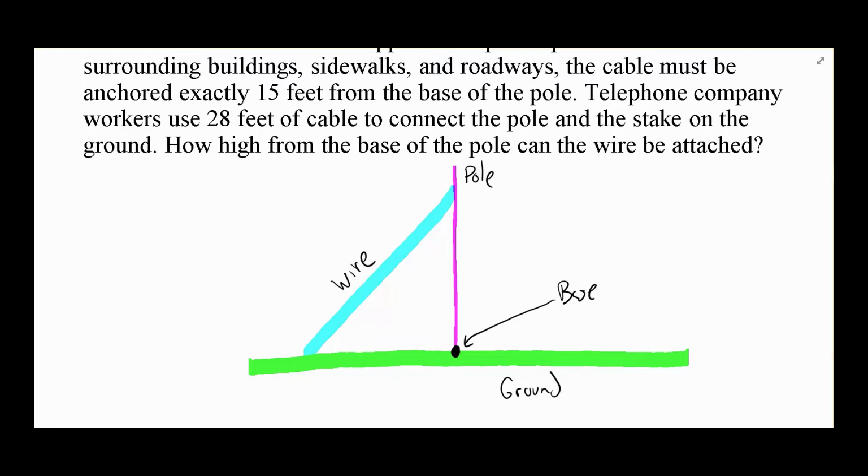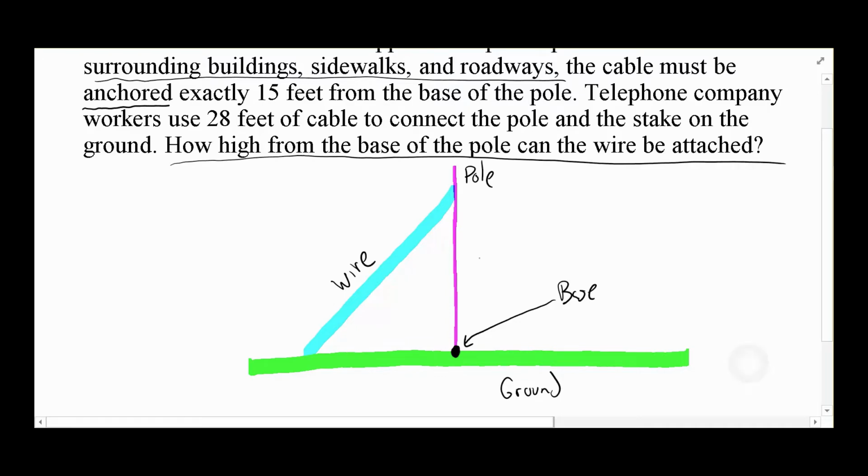One keyword is anchored. The fact that it's anchored is typically into the ground. Other keywords are that because of surrounding buildings, sidewalks, and roadways, which are all things in the ground. The other thing that helps me out is I know where my variable should be. My variable is asking for the height. So I know my variable should be the height, and I know that the 15 should be my distance over here. And I'm told that 28 feet is the amount of cable or wire that I have.